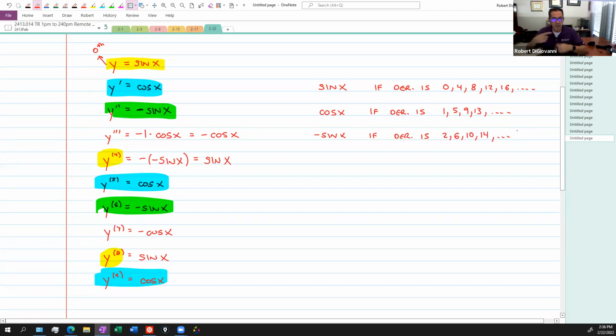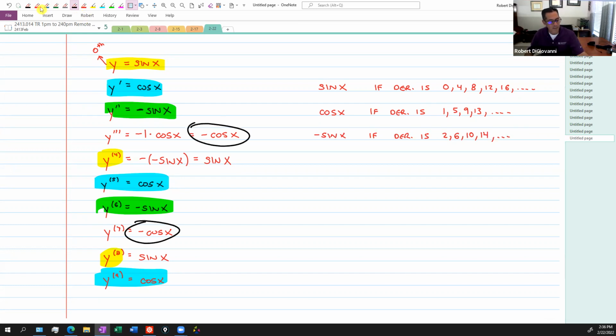You got it? Understand? We have one more. We could get negative cosine x, and that's happening when the derivative is 3, 7, 11, 15, and so on. That's when we get negative cosine of x.